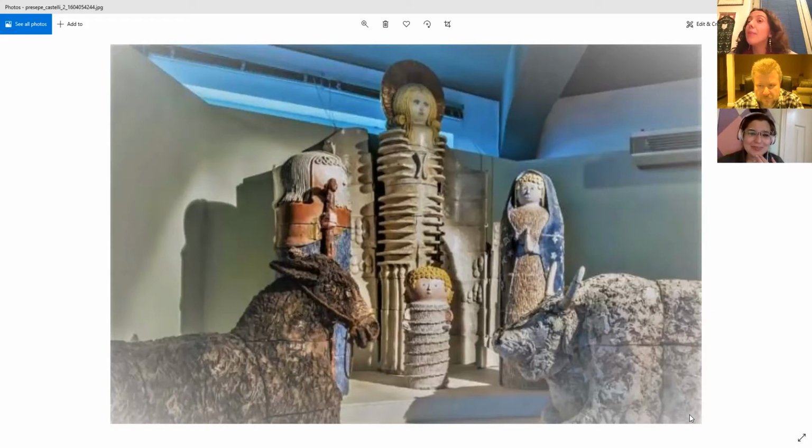Yes, it is ceramics. I do think it's very strange. I think that it's a very different kind of nativity scene. I think it could also have its roots in Byzantine art, just with very little influence.